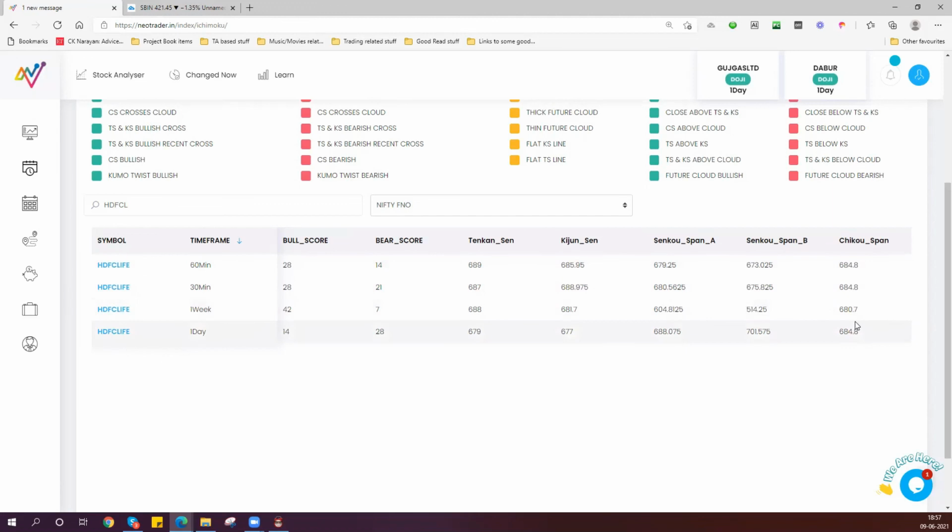And the last weekly close was 680.70. So today's price is 684.80. And now let's say the 30-minute Tenkan Sen is 687, which is above this price. So that means on the 30 minutes price is below the TS line, and it is also below the KS line. That means it is not bullish, right?